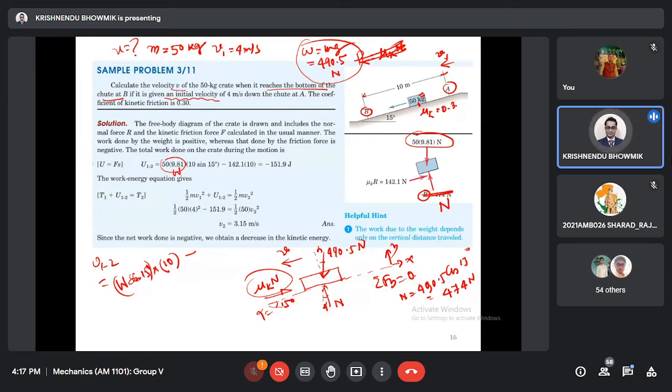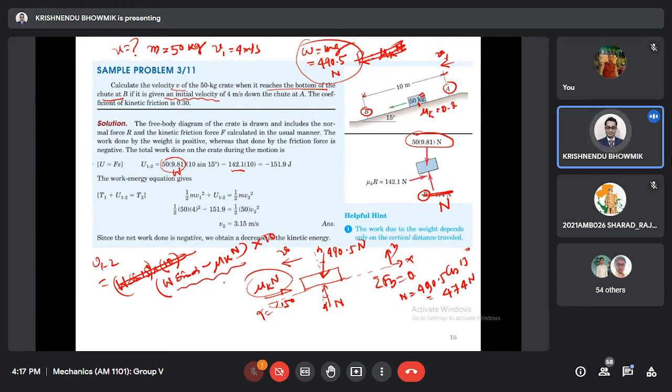Or somebody can write this way, leave it. Net force W sin alpha minus mu k N, this is the net force in the downward direction, multiplied by 10. And interestingly, this value is negative.